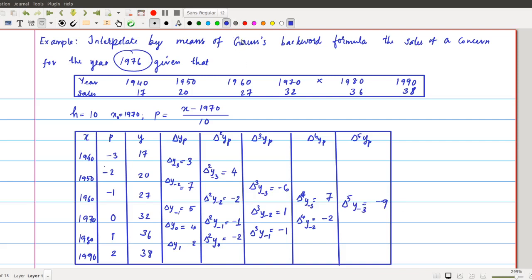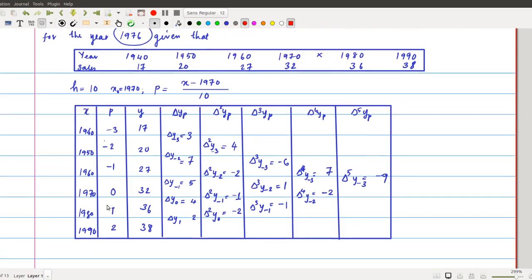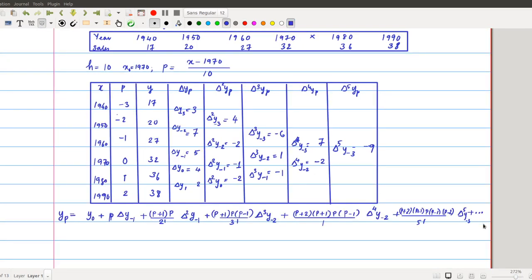Now before we go into using the formula, we denote those values that we really want for the formula. So we need in this formula, in fact I will write the formula again here. This is our formula.